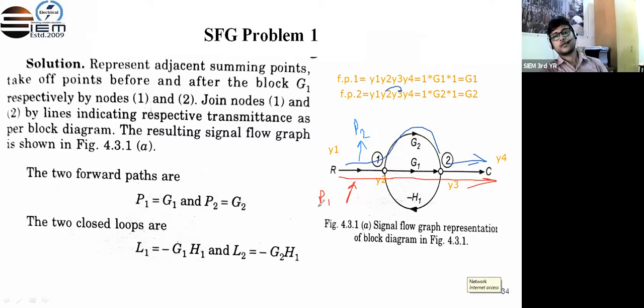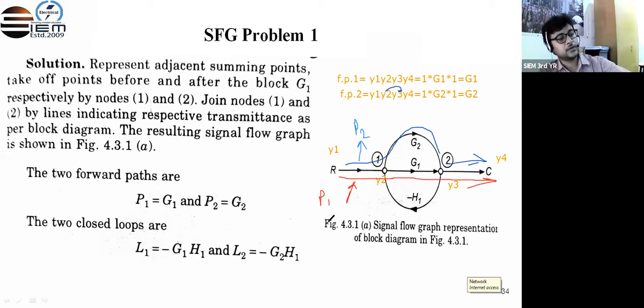Okay, now how many loops are there? You can consider the loop. That loop will start from one point and it will terminate at that same point without repeating the intermediate nodes.